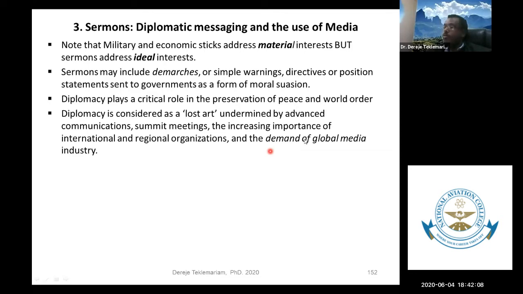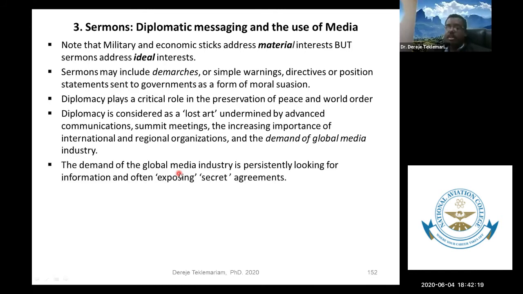If you see, the demand of the global media industry is becoming shrewd and changing. It is persistently and continuously looking for information and feeling courageous by exposing: we are exposing that this government did this, or exposing secret agreements.